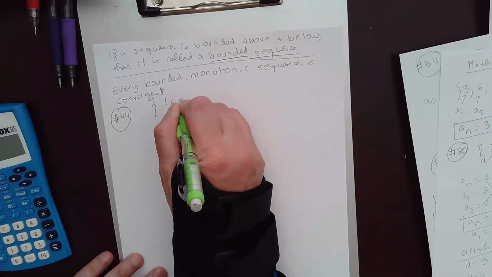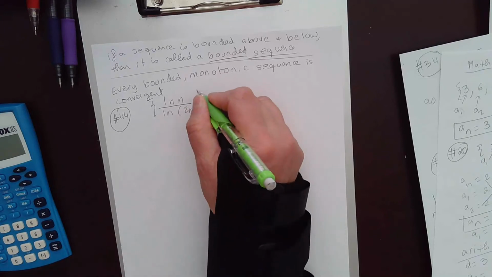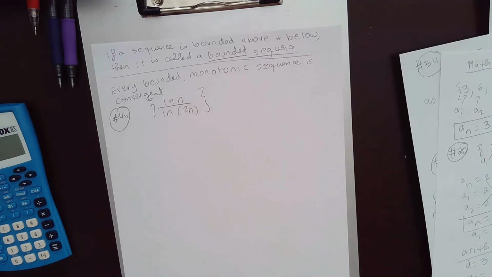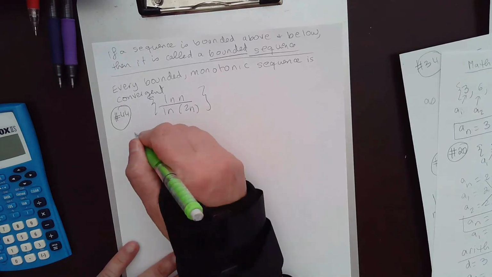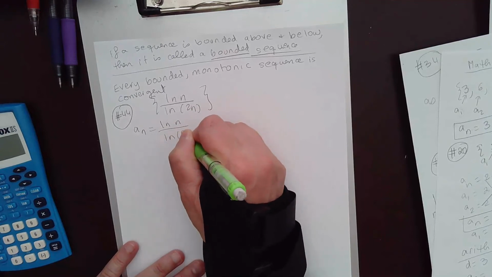ln n over ln 2n. Number 44, the question is, determine whether the sequence converges or diverges. If it converges, find the limit. So here's the thing. What do we do here? an is ln n over ln 2n.